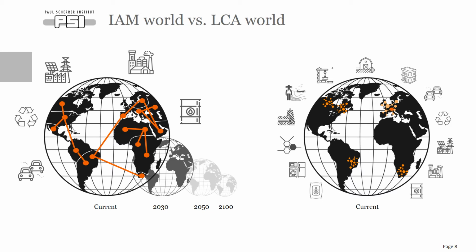For example, we would have inventories for mining extractions in South Africa, a little bit maybe on agricultural production in South America, and also some data sets in Northern America, in the Quebec region in Canada.